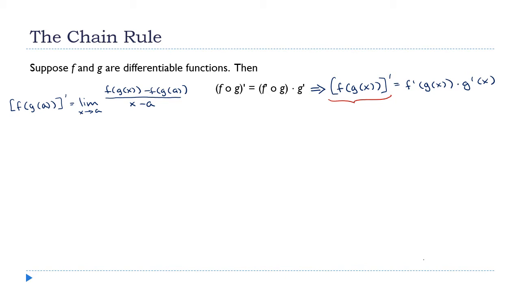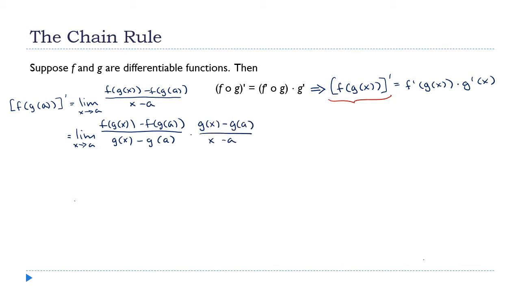If that's true, then I can rewrite this as the limit as x approaches a of f of g of x minus f of g of a divided by g of x minus g of a, times g of x minus g of a over x minus a. That's why it was important that g of x minus g of a is never 0. If that's 0, I'm potentially in trouble.